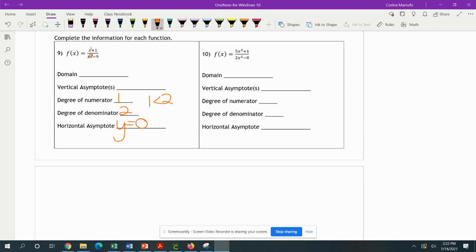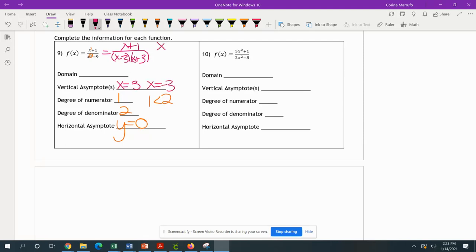Okay, to find the domain and the vertical asymptotes, we do have to factor the denominator. The denominator is going to factor as x times x gives you x squared, 3 times 3 gives you negative 9, one is going to be plus, one is going to be minus. That means that for your vertical asymptotes, you're going to have a vertical asymptote at x equals positive 3 and x equals negative 3.